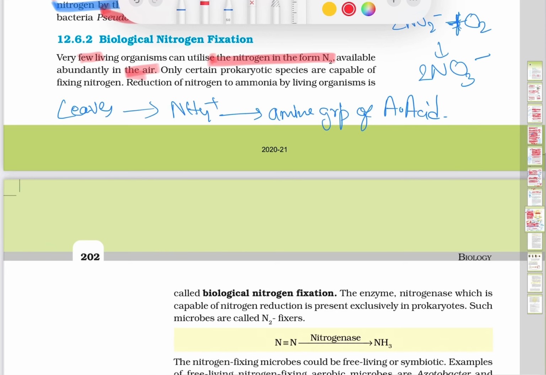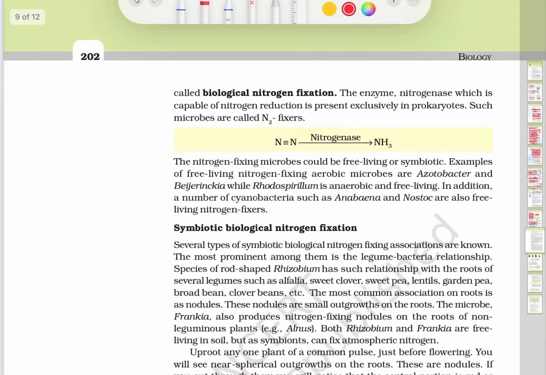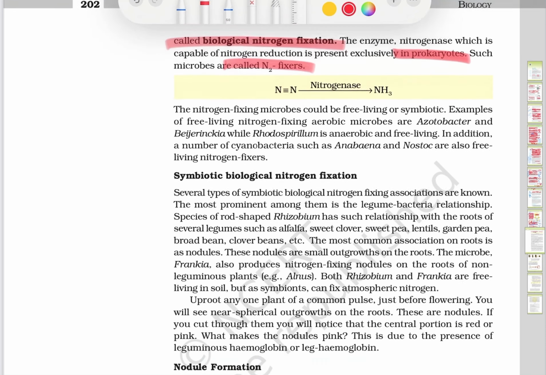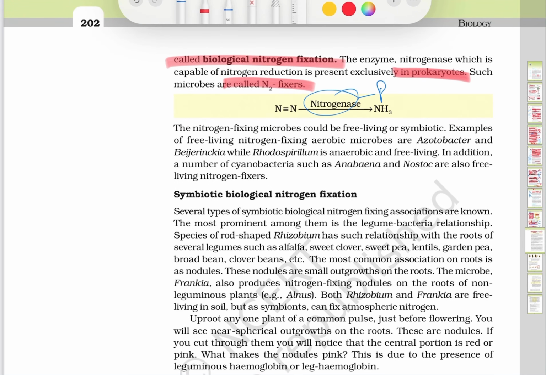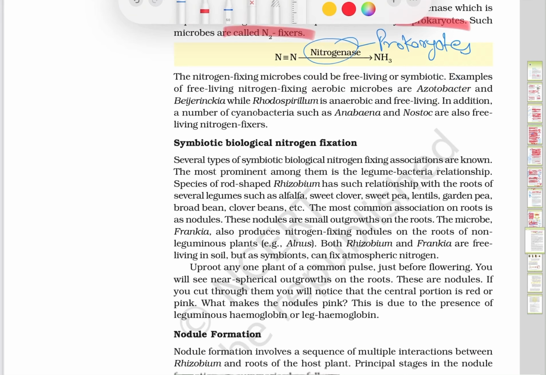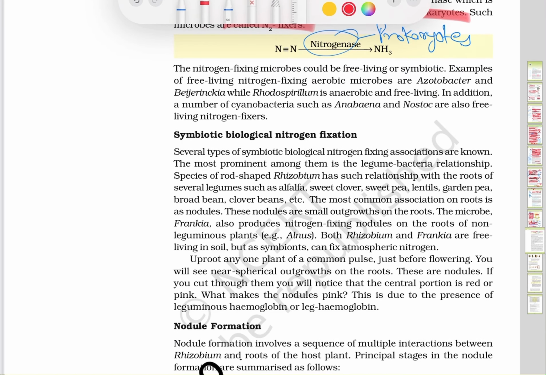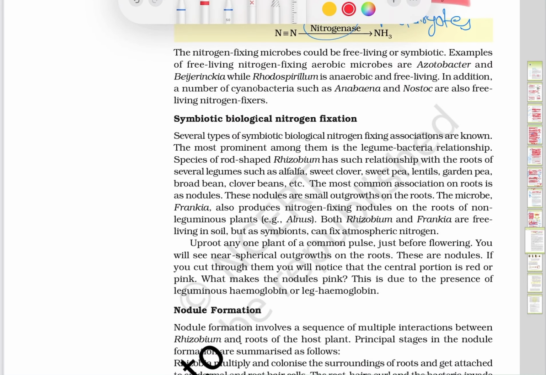The enzyme nitrogenase, which is capable of nitrogen reduction, is present exclusively in prokaryotes. Such microbes are called N2 fixers. The nitrogen fixing microbes could be free living or symbiotic. Examples of free living aerobic nitrogen fixing bacteria are Azotobacter and Beijerinckia, while Rhodospirillum is anaerobic and free living.